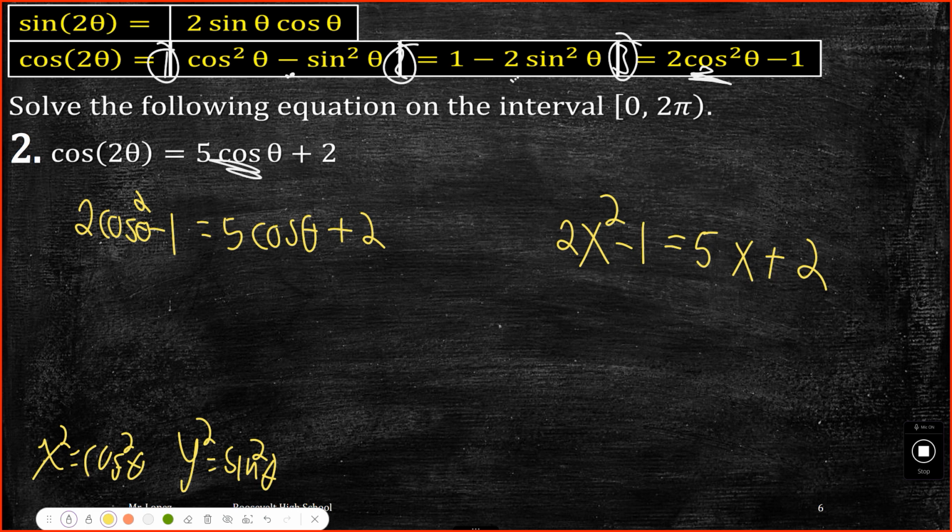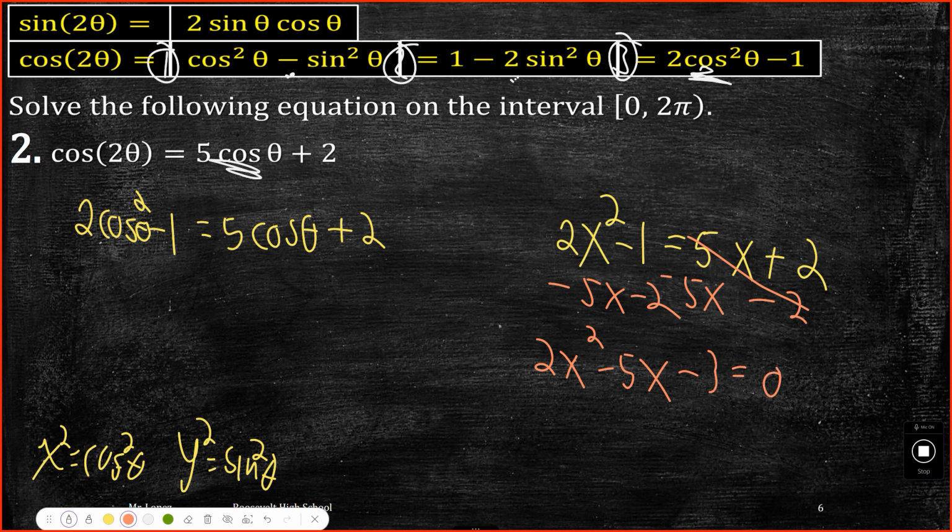Okay, so you know how you would solve this. Because it's a quadratic, you would move it: minus 5x, and set equal to 0. That's kind of like what we did last semester.